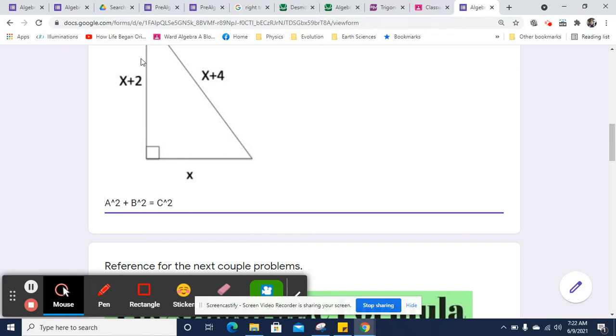So we can pick whichever one of these we want to be a. I'm going to pick just x, so x squared. And then here I've got to square x plus 2. And then for c, I've got to square x plus 4. And now I've got a setup for that, and that will get me where I want to go.